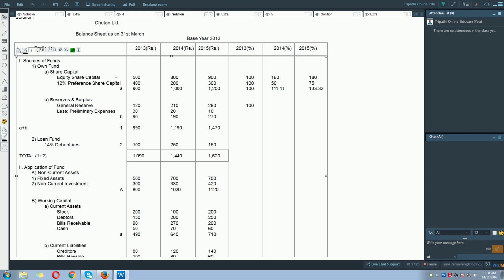Accordingly we will calculate the second year. So we will say 800 into 100 divided by 500, 160%. 900 into 100 divided by 500, 180%. Same way. Next.